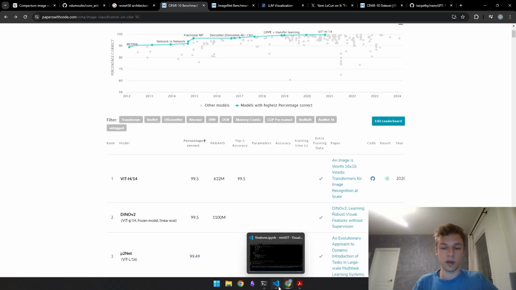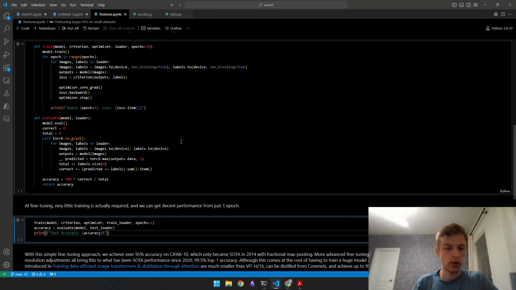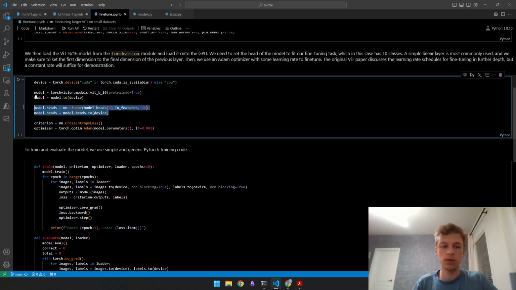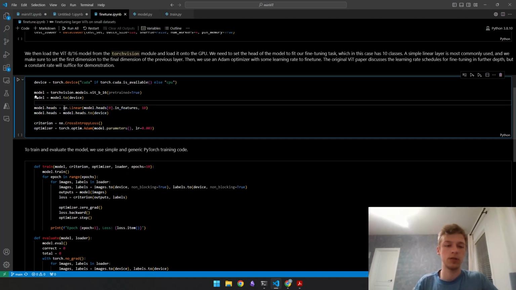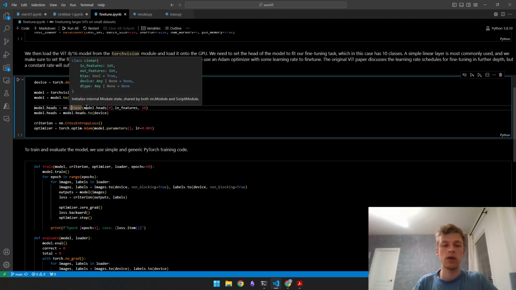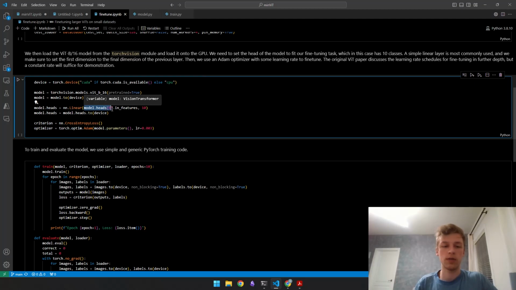And another thing I will note is that here's the code for the replacement of the head. Pretty simple. If we assign something new to model.heads, the old head is replaced, and we replace it with a single linear layer. model.heads[0] is the first layer of the original head.